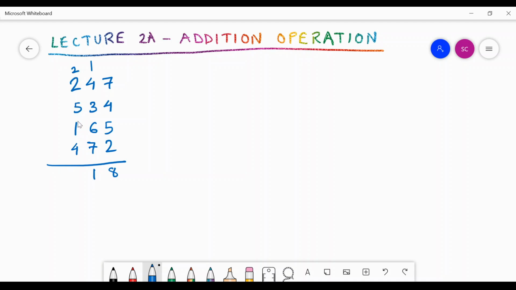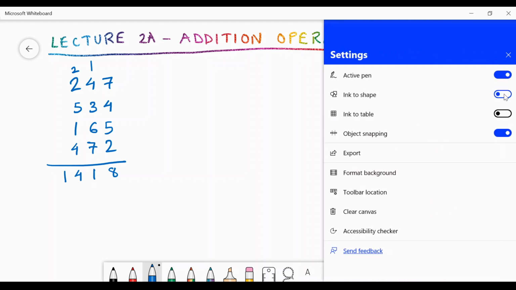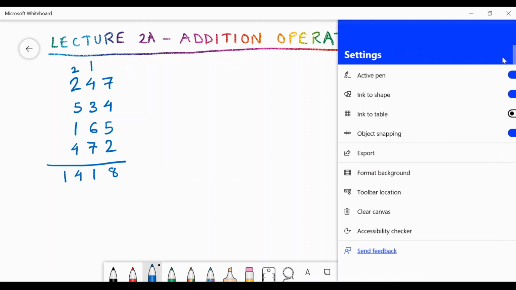Then 2 plus 4 is 6, 9, 10, 14. You see here, previously we were getting a carry of 1, but we can also get a carry more than 1. So what is happening here? When we are getting the carry as 2, what has actually happened? For that, let us look at something.